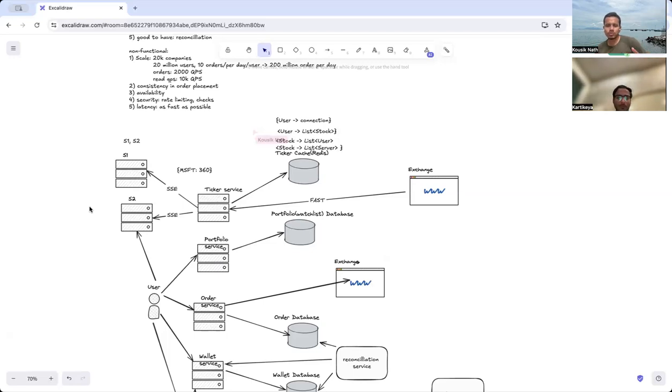There could be some way to stream that data to Redis. We can figure that out. But in no way do S1 or S2 know that there is some recent update to your portfolio or watch list.